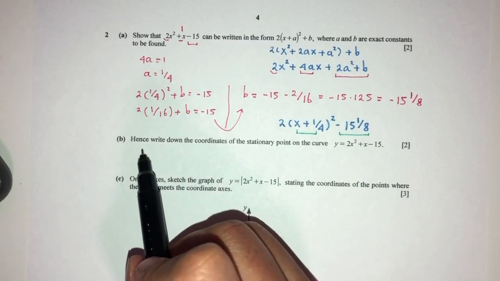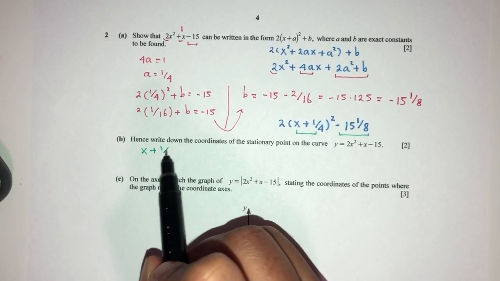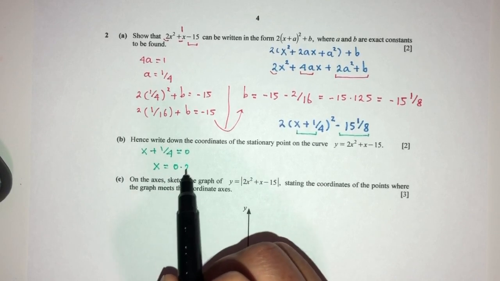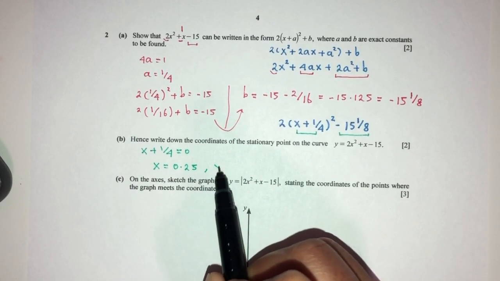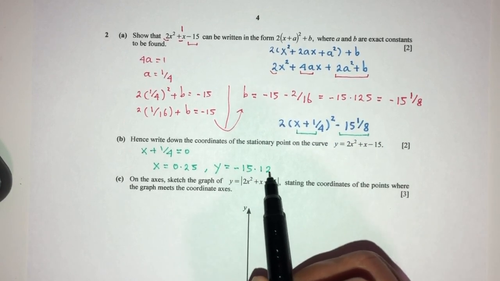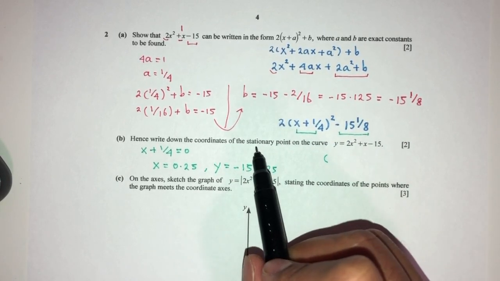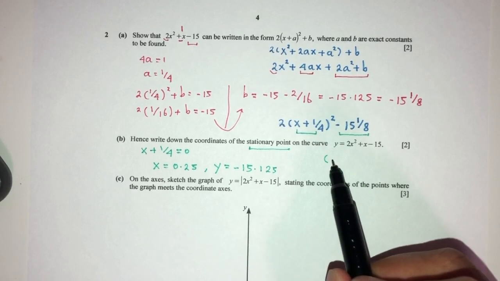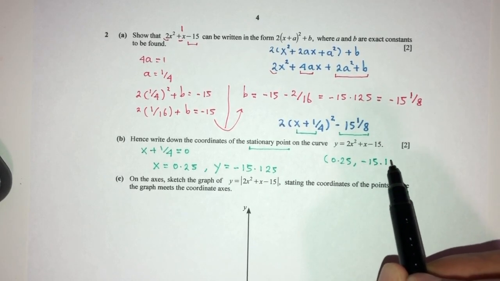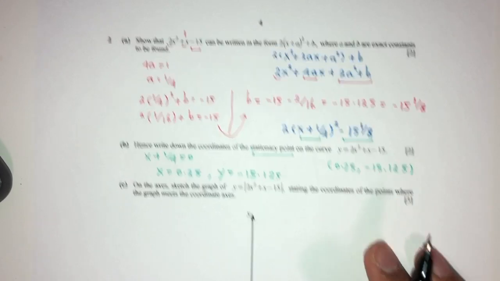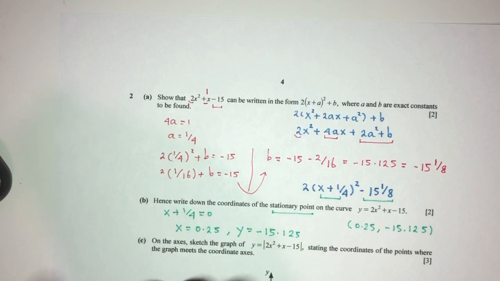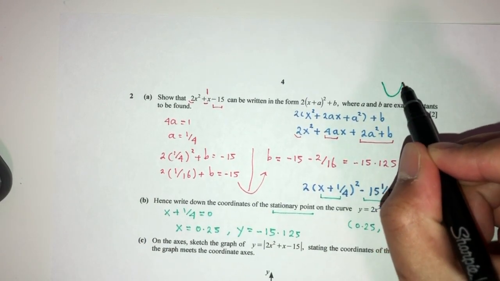So the x value will be, we take x plus 1 over 4, we equate that to 0, which means x will be minus 0.25, and the corresponding y value should be this one, which is minus 15.125. So the stationary point will be minus 0.25 and then minus 15.125. Obviously, since the coefficient of x squared is positive, it will be a minimum curve, right?